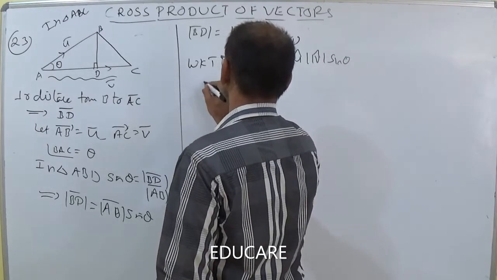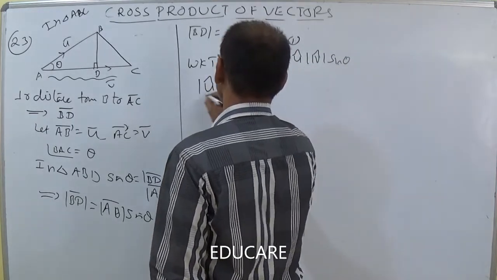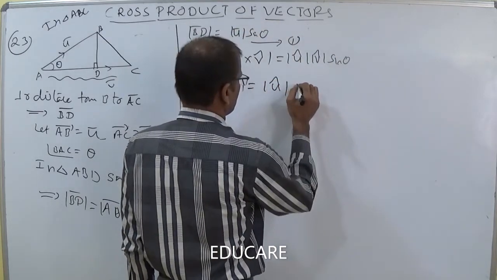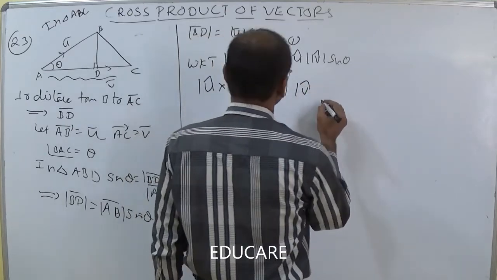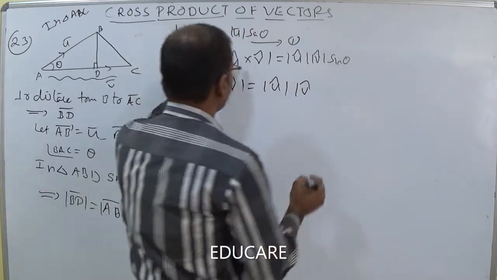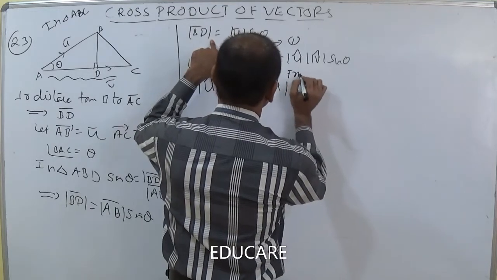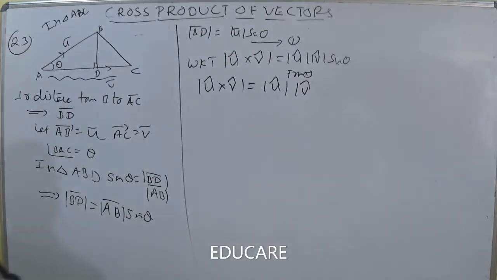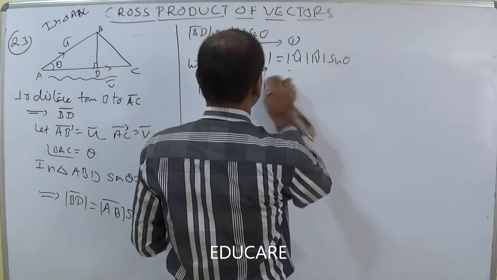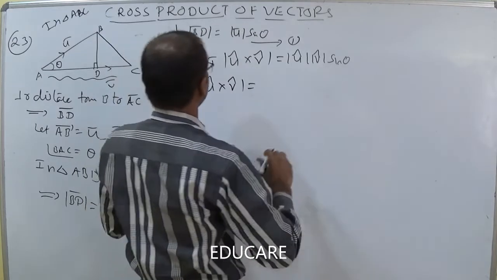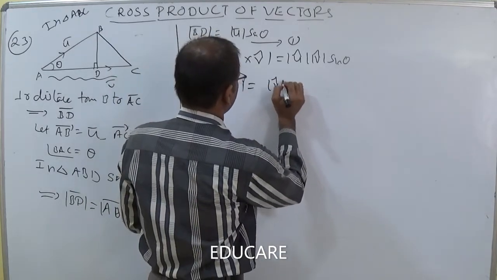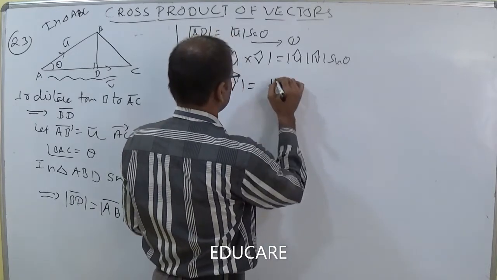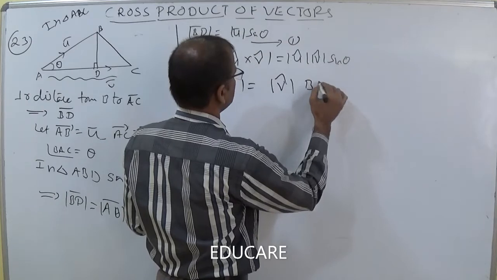Using equation 1, mod u sin theta is BD, so mod u cross v is mod v into BD.